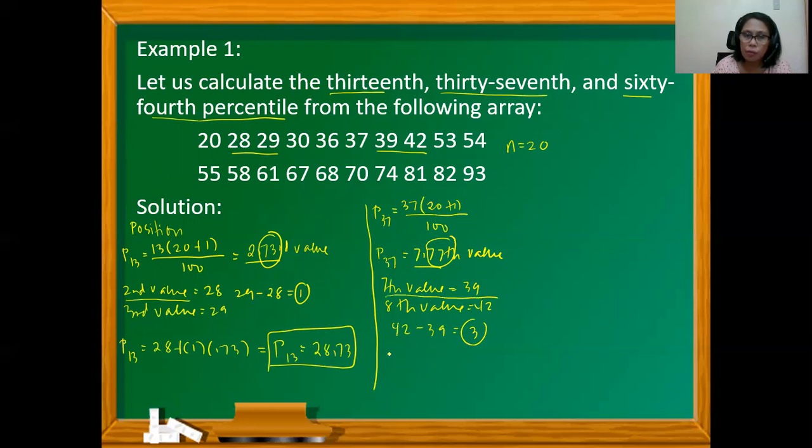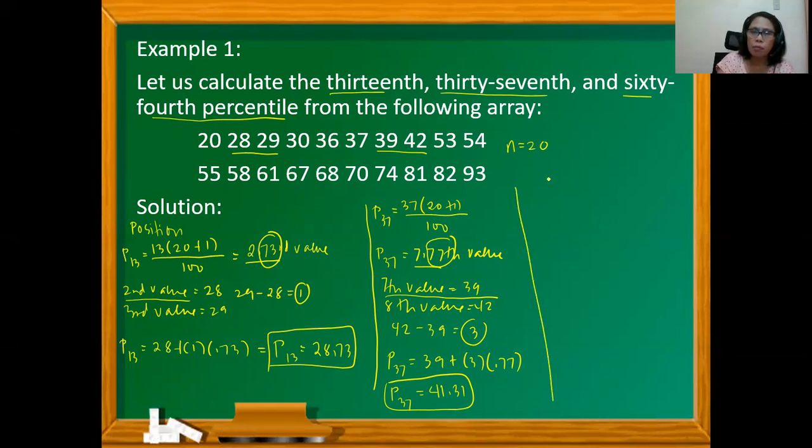So we have P sub 37 equal to 39 plus the product of 3 and 0.77. So P sub 37, class, is equal to 41.31.